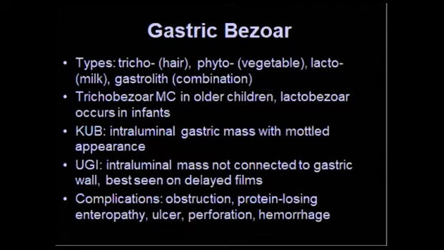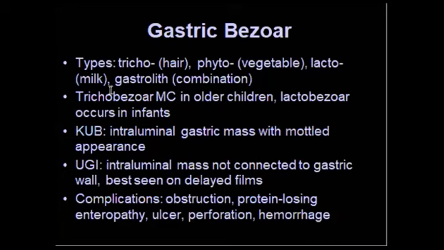This one, maybe he will mention in the history that this patient has some mental troubles. So this is a bezoar. This is what's called gastric bezoar. There is sometimes a mottled appearance and gastric filling defects.